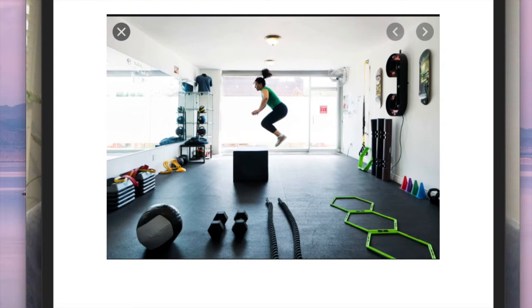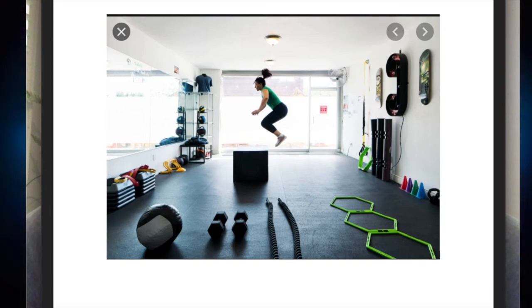I'll just leave you with one last idea about this circuit, and that is making sure that when we complete these weight circuits, we try and intersperse whether we're doing one muscle group and then giving that muscle group a rest during the next station of that circuit.